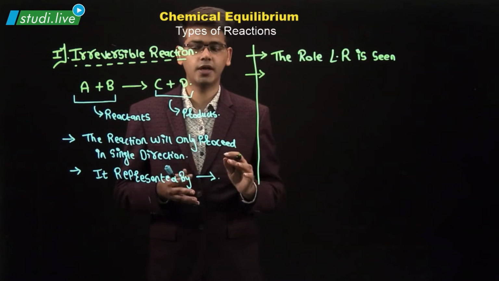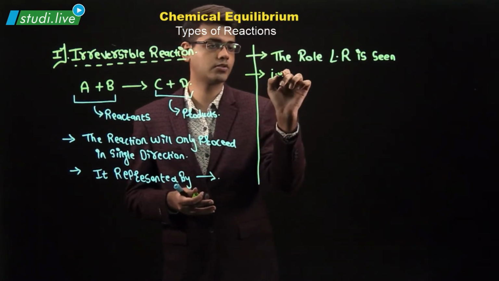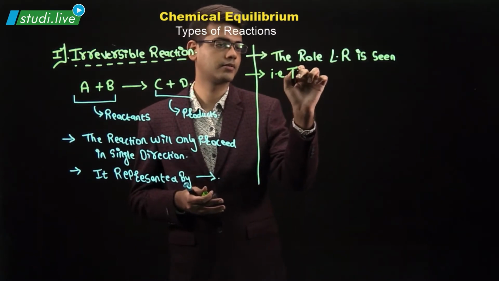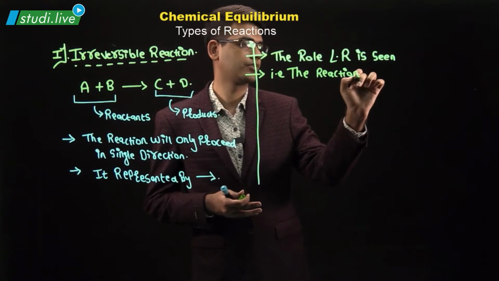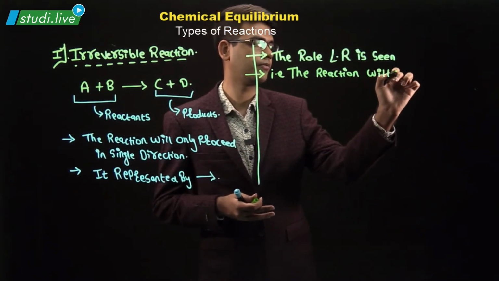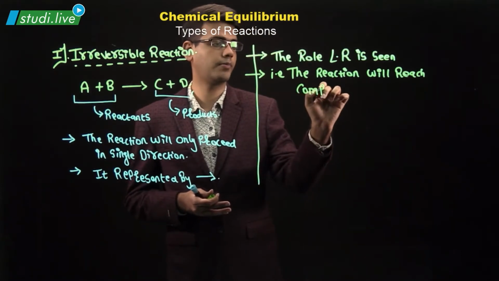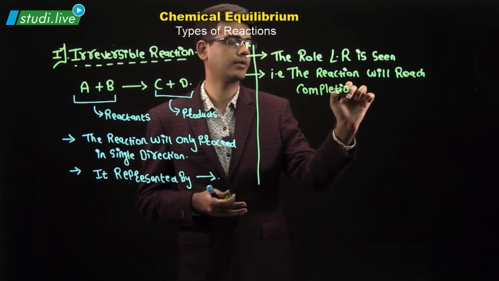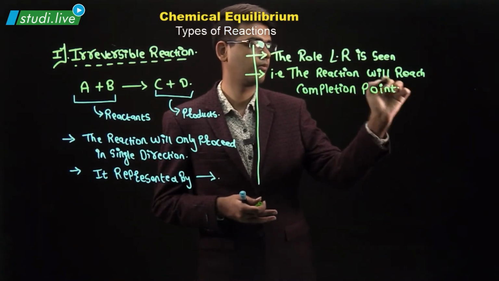And this particular reaction, as I said, will always proceed in one direction. That is, we can also say the reactions will reach completion point. At one point, the reaction will definitely be completed. It will reach completion point.